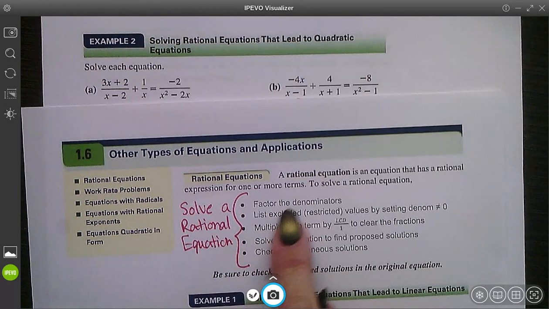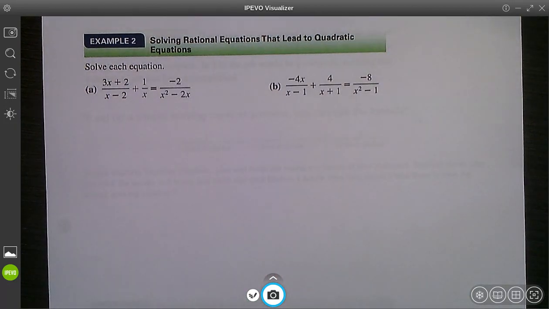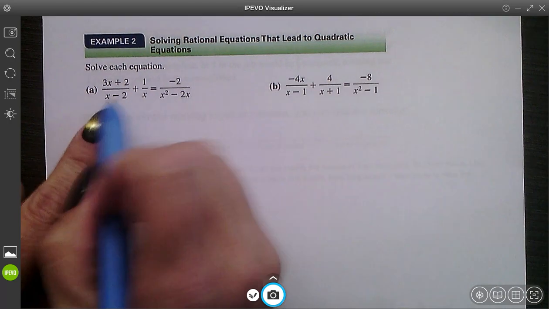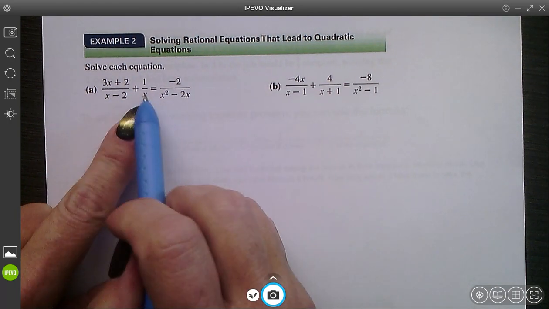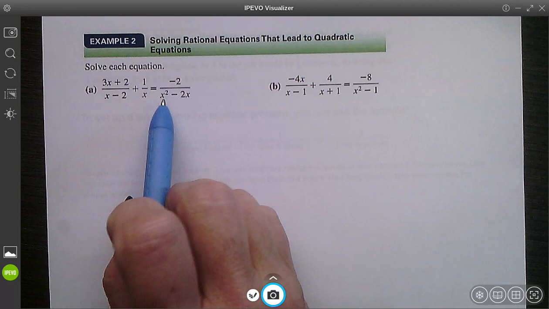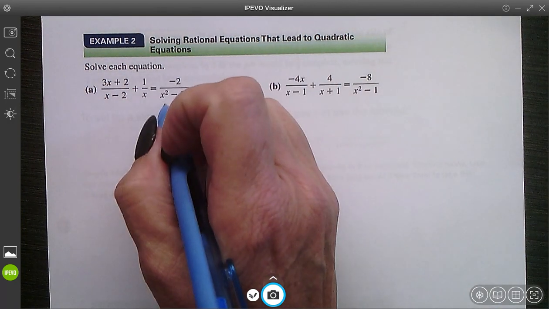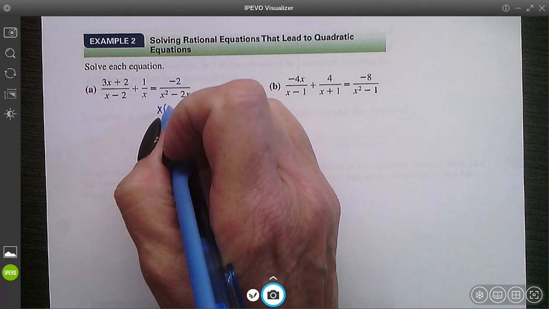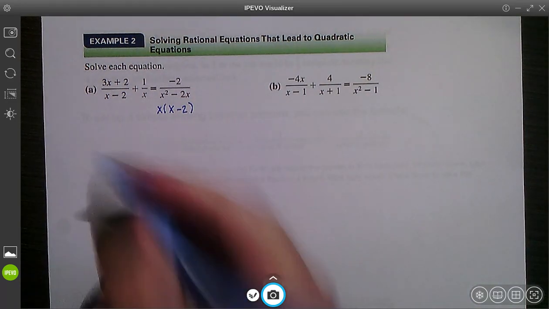The first thing I'm going to do is factor the denominators. So that might include box factoring. That might include finding a GCF. In this case, the x minus 2 is already factored. The x is already factored. And the x squared minus 2x would factor to give me GCF of x, which leaves x minus 2 in that denominator.